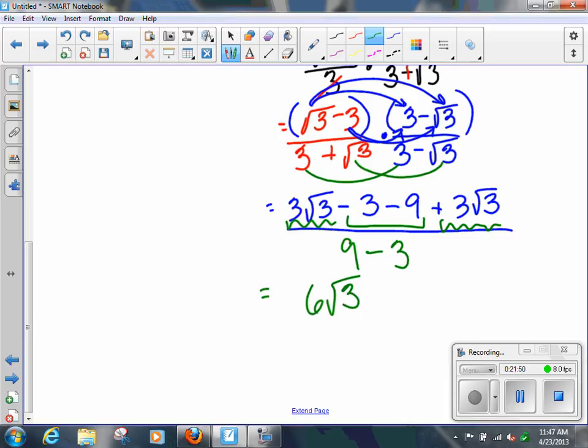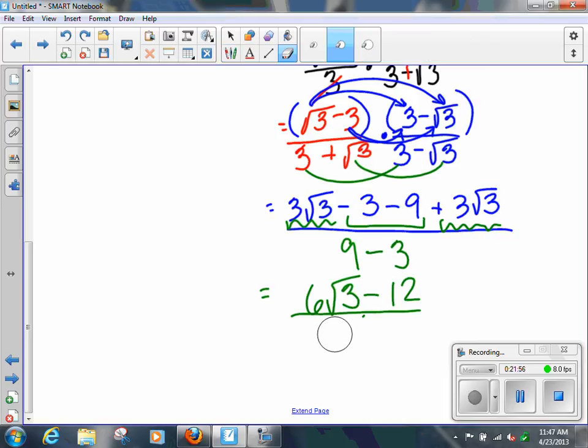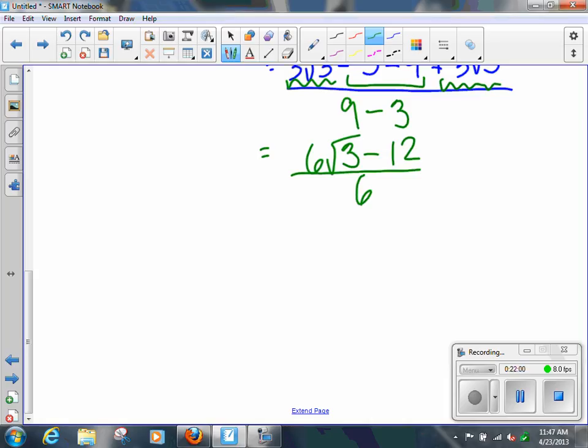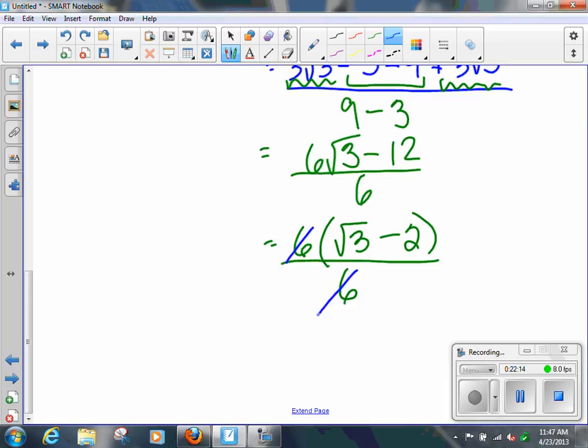What's negative 3 minus 9? Minus 12 over, dagnabbit, why did I do that again? Positive 6. How do I take care of the numerator? I take out the GCF, which is 6, which leaves me root 3 minus 2. And now what happens? Boom, boom. And my answer is that thing right there.